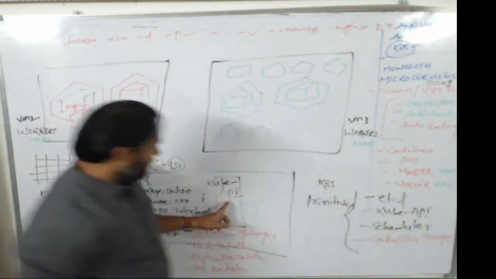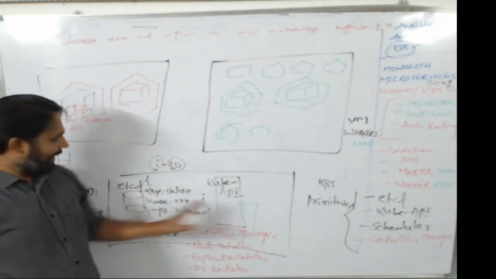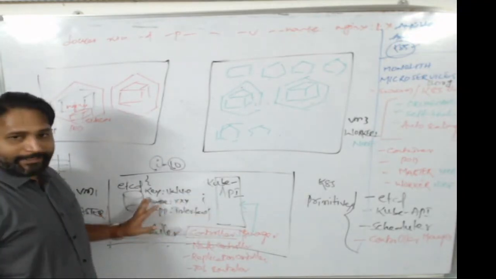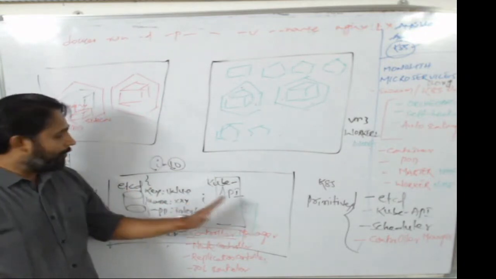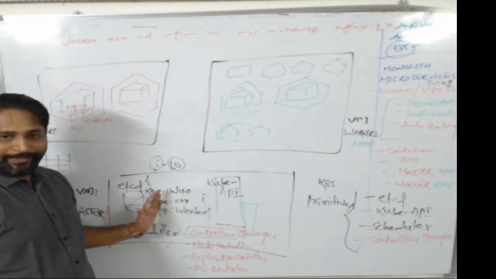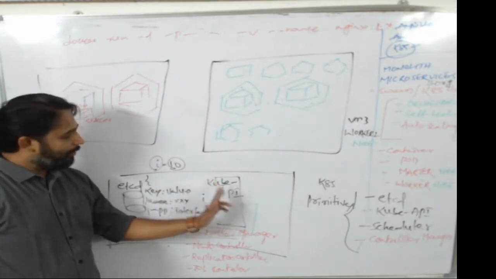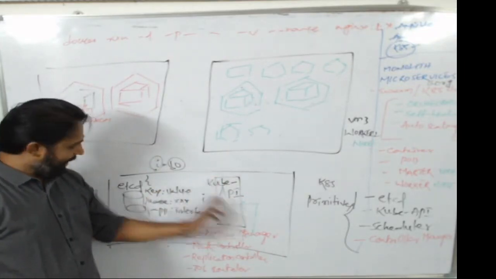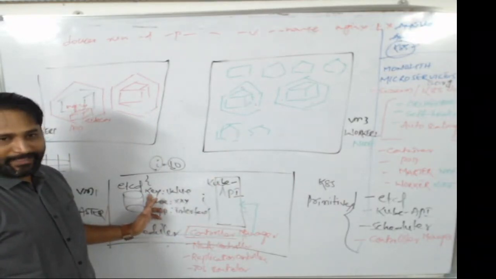And the same thing here. The API is the gatekeeper. Everybody who wants to query this database, meaning you want to read something out of it or update something in it, has to go through the API. The Kube API is the only component that can interact with etcd. That's it.